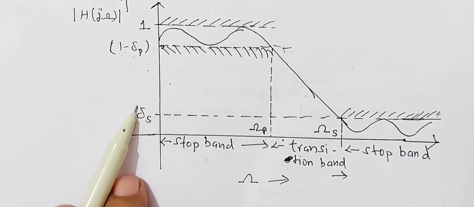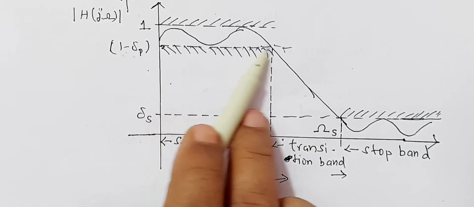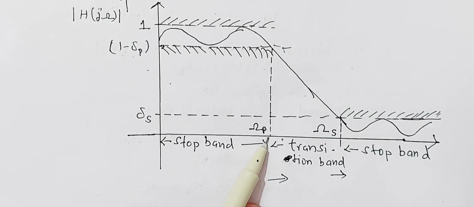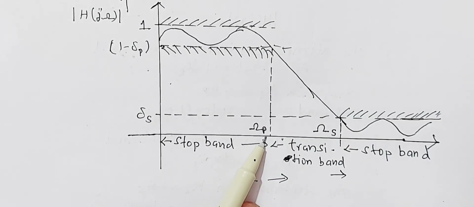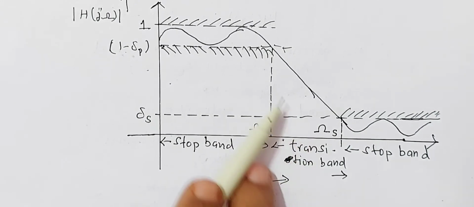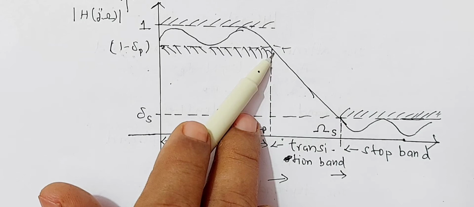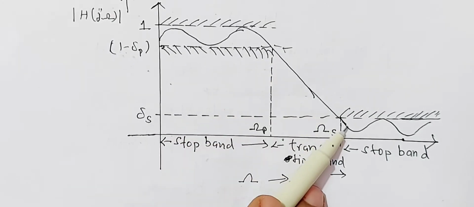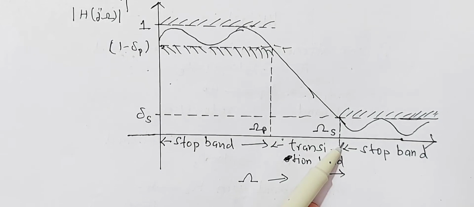In this state, omega p represents the pass band edge frequency. After the pass band edge frequency, it decreases monotonically. So the output voltage or magnitude decreases monotonically up to a certain value omega s.